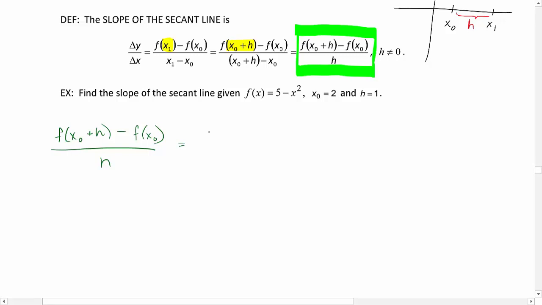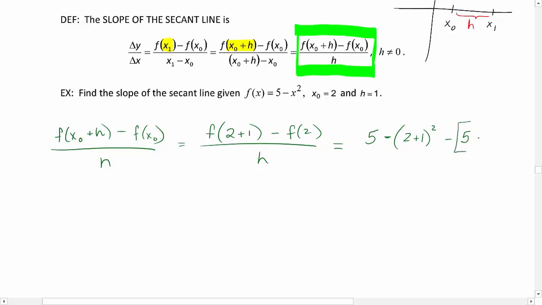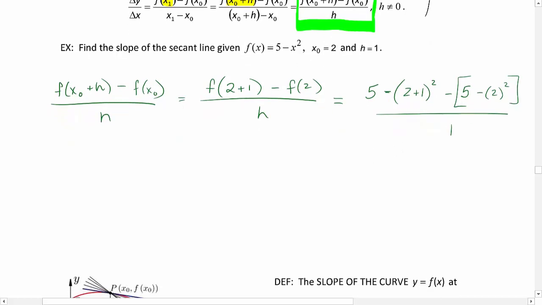We know x sub 0 and we know h, so we're looking at f of 2 plus 1 minus f of 2 all over h. So here we have 5 minus 2 plus 1 squared minus, put this in parentheses here, 5 minus 2 squared all over 1. Let's clean this up.